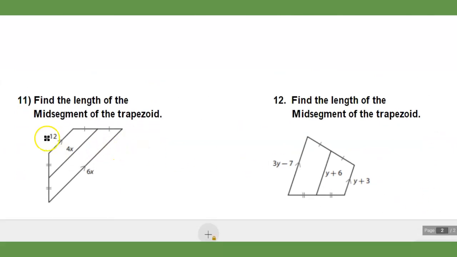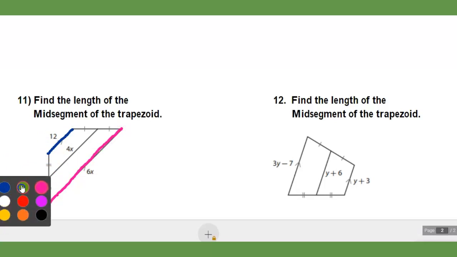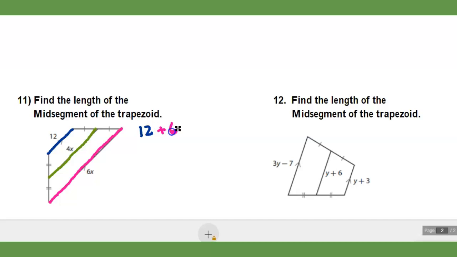Down here is the same thing, but with algebra. So don't change anything as far as how you approach it, do exactly the same thing. It doesn't matter if they're numbers or algebra. It doesn't change how you solve it. So, for instance, here, it'd be 12 plus 6x, right?